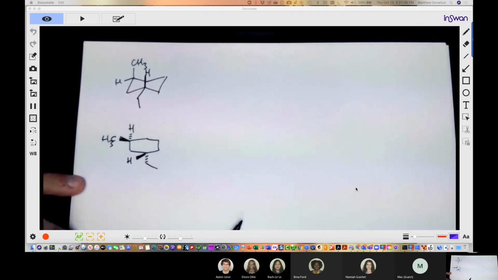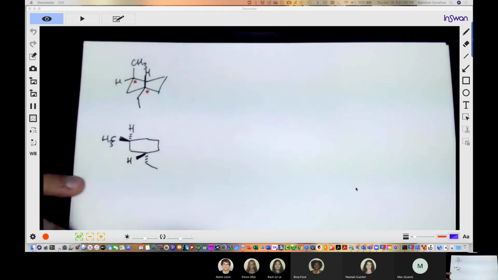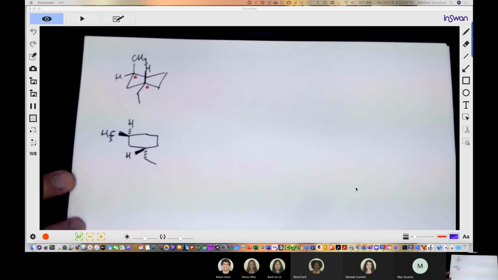So yeah, there's 2. So I've taken the chair and I've reconverted it back to the bond line, which may be a little bit easier to determine the R or S configuration.